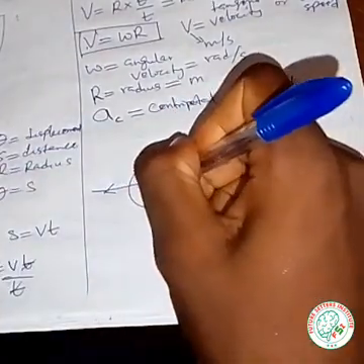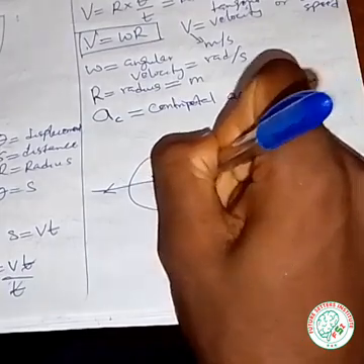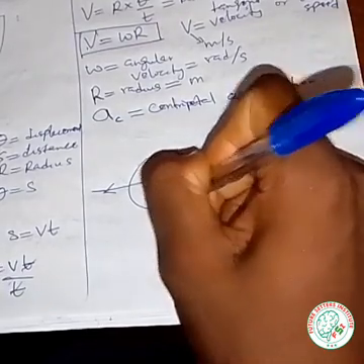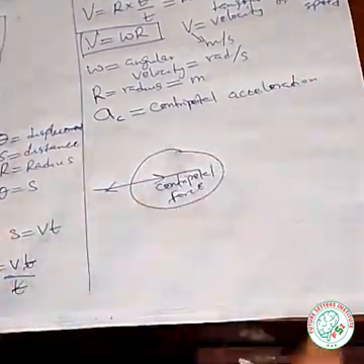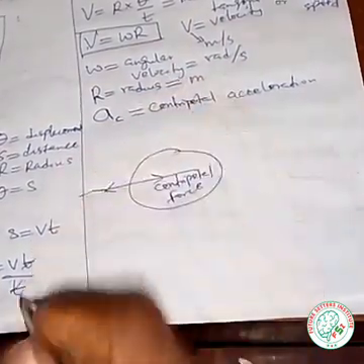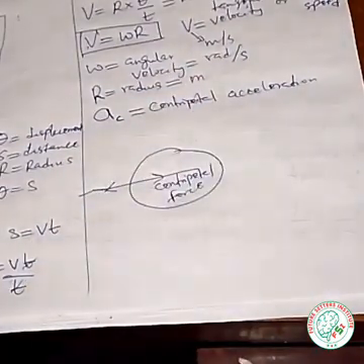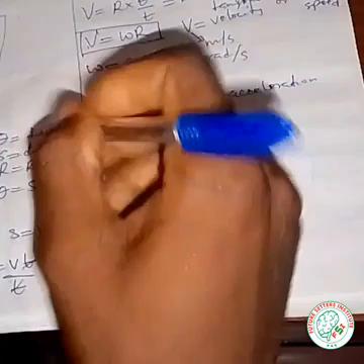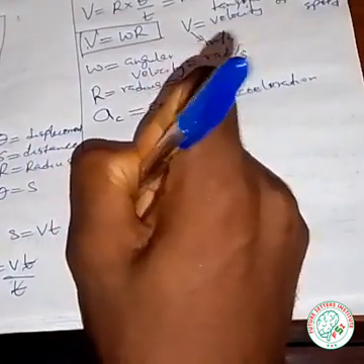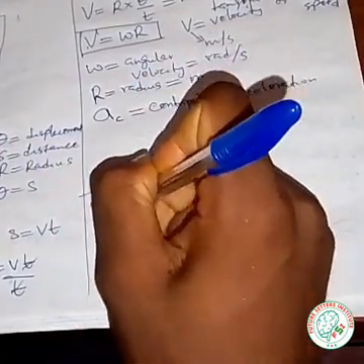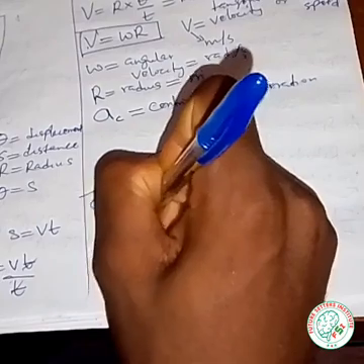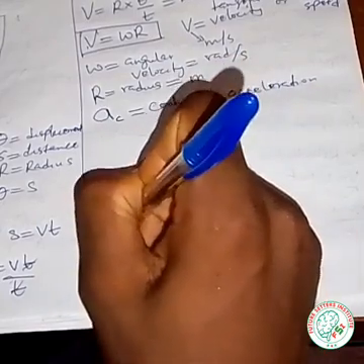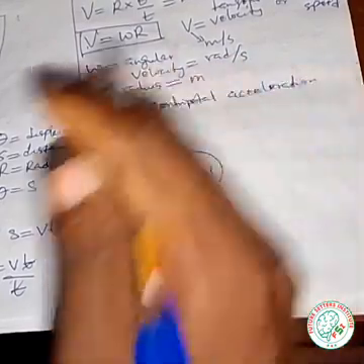We have the centripetal force, which pulls the body towards the center, while we have the centrifugal force, which tends to push the body away from the center.